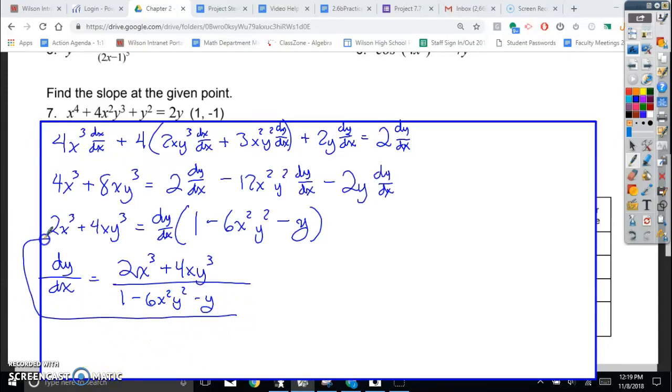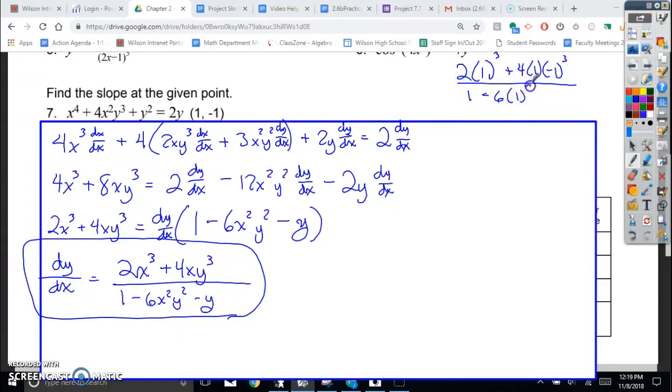All right, now slope. That means I need to plug in my x's and y's. So 1 goes in. So I have 2 times 1 to the third plus 4 times 1 times negative 1 to the third over 1 minus 6 times 1 squared times negative 1 squared minus negative 1.